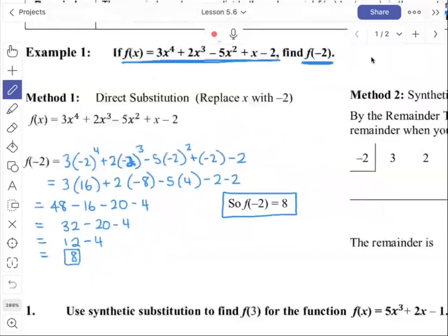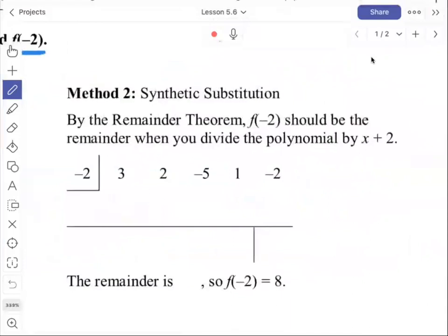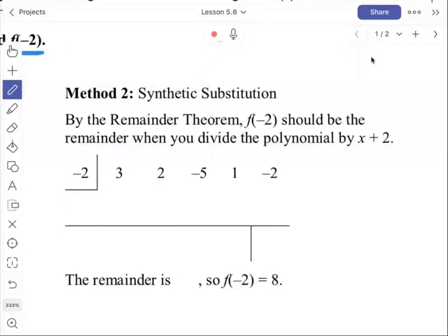But now let me show you a new method. All right, and this is using the remainder theorem. All right, and what we call this, you can highlight this because in the directions, it might say to use this. And I want to make sure you understand what it means when I say to use synthetic substitution.